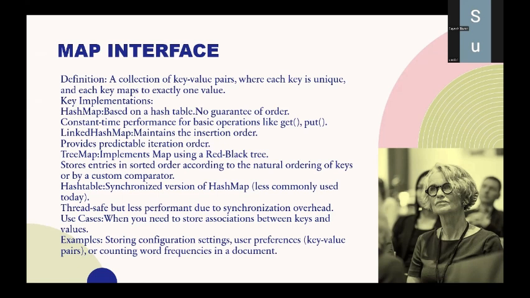A map has a certain set of words with unique values, and using that unique value, you can count the frequency of how many times words are typed. Using those frequencies, the system can understand that the user might be trying to search for a particular word, and it automatically displays it to the user. When the user clicks the button, the meaning of that particular word is displayed. So this is how exactly a map interface works.